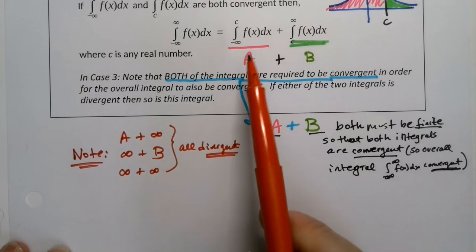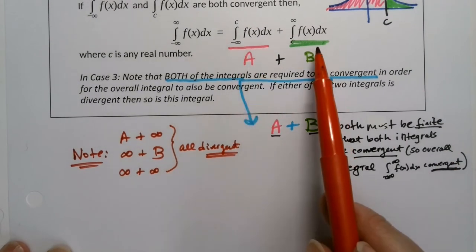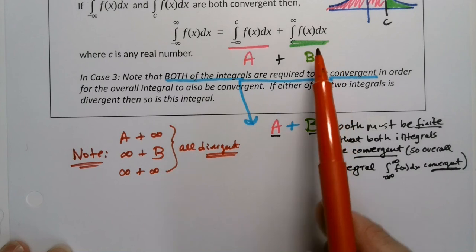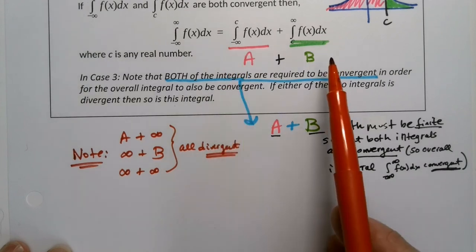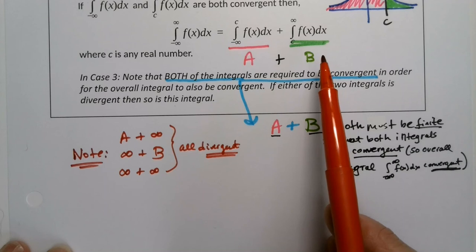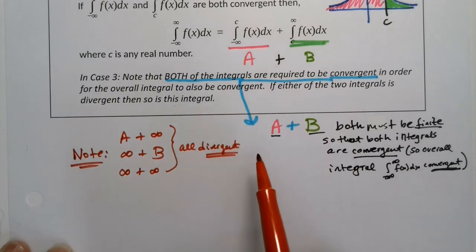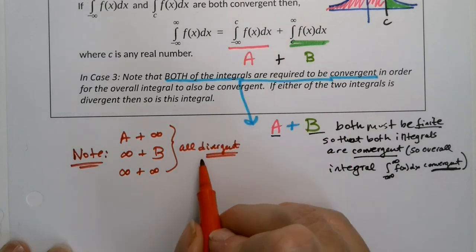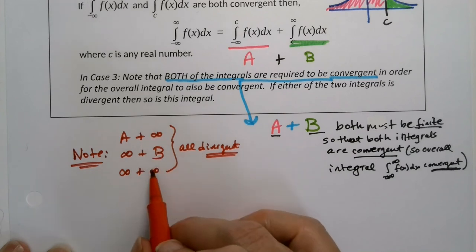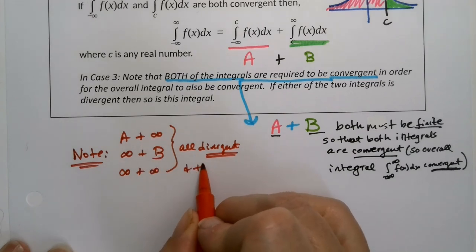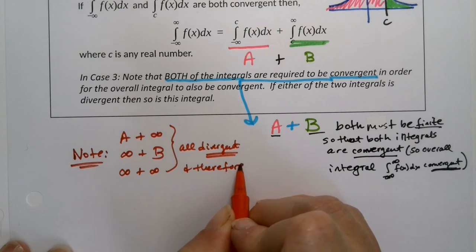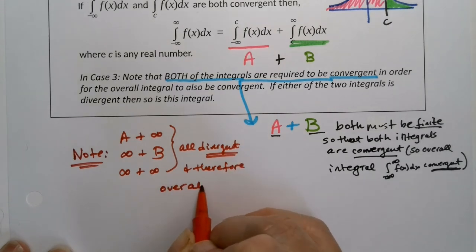So if this one's convergent, but this one's divergent to infinity, that's a problem. If this one diverges to infinity, but this one converges to b, that's a problem. And then if they both are divergent, that's also a problem. So all these cases would be divergent, and therefore the overall integral would be divergent.